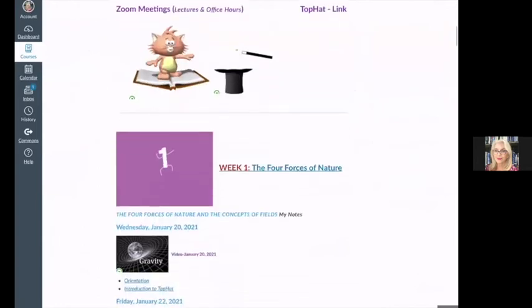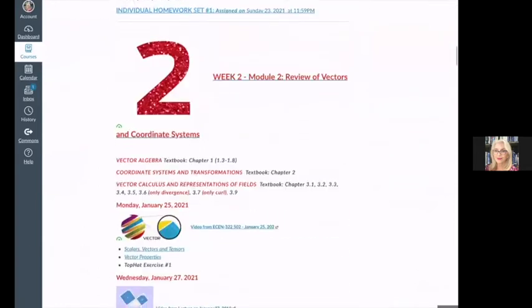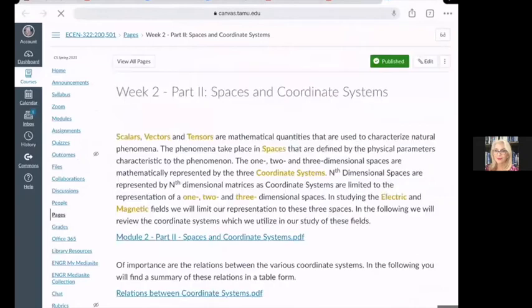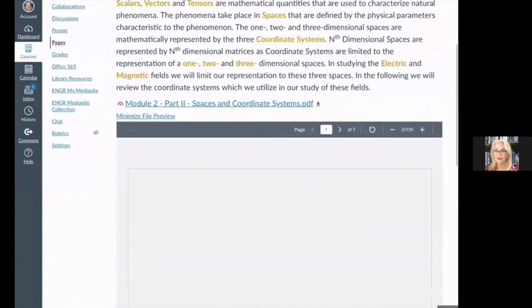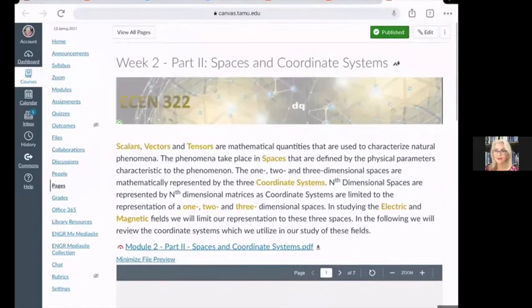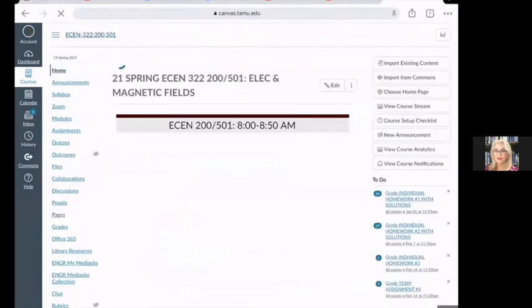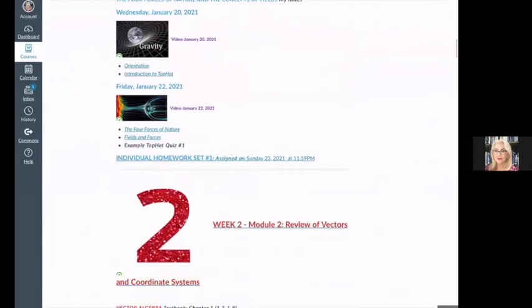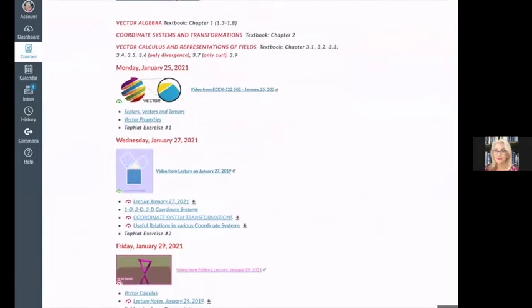In here. I have now put sorry, it's I am looking at the wrong material for a moment. So it is in the second week. Look at these two that I have here. The coordinate system transformations and useful relations in various coordinate systems.